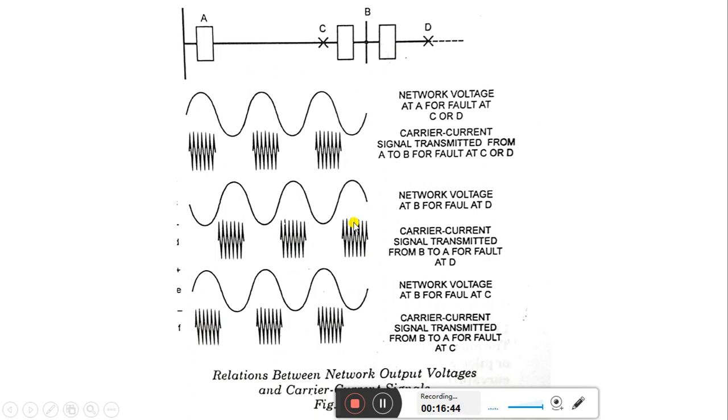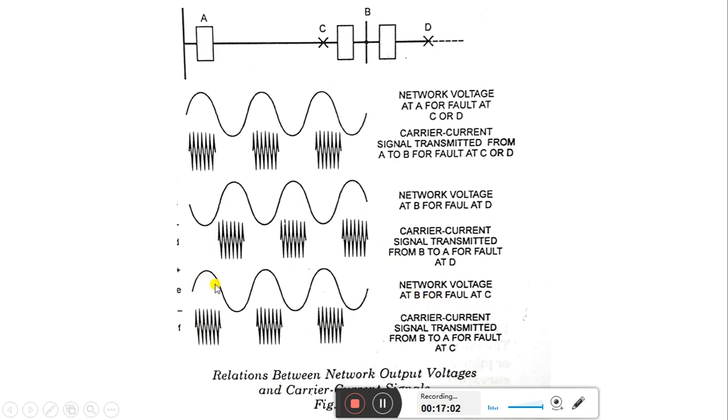Now we are talking about the network voltage at point B for a fault at C. That is, if there is a fault at C, what will be the network voltage at B?